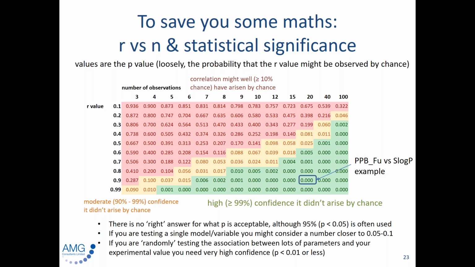If, however, you're randomly testing the association between lots of parameters, it's possible to calculate very large numbers of parameters for compounds, and you're randomly looking to see if any of those are associated with your experimental endpoint, you're going to need a very high confidence, because if you have a lot of random numbers, there's a good chance something's going to correlate with your real endpoint.